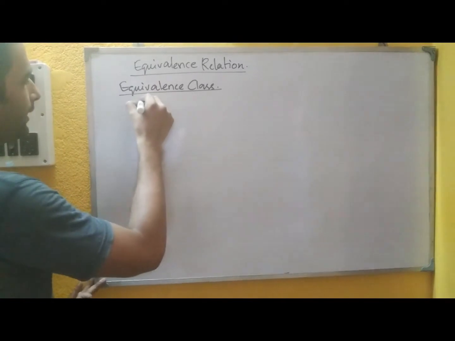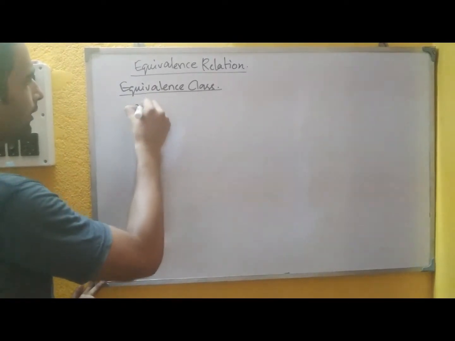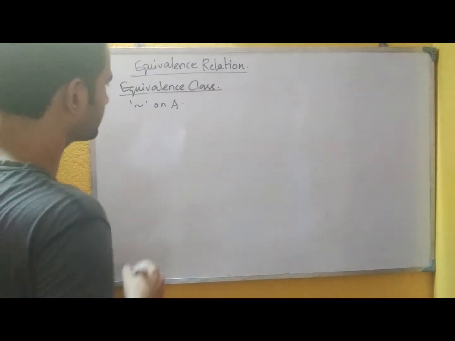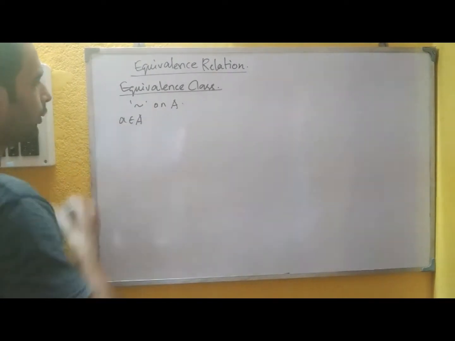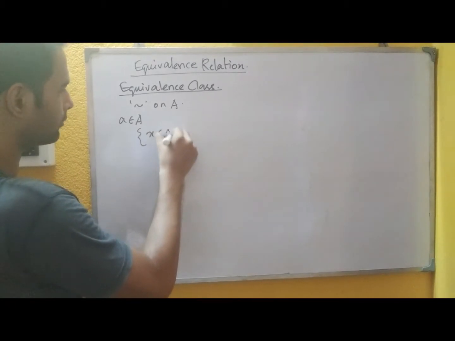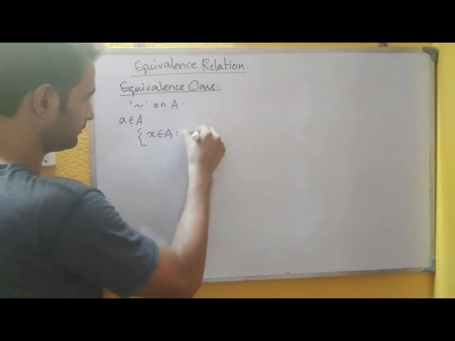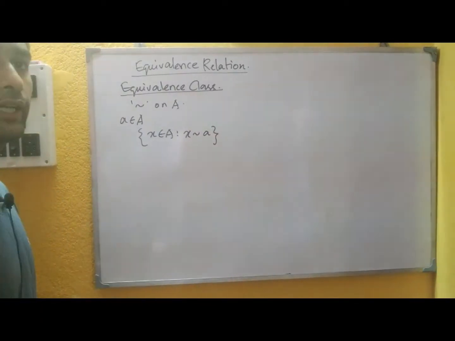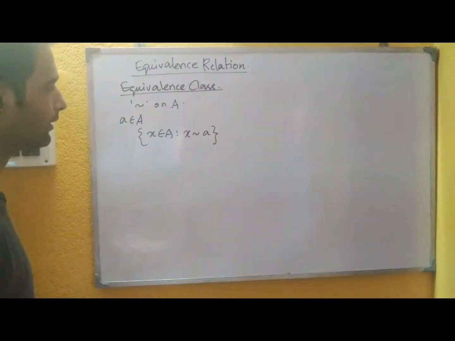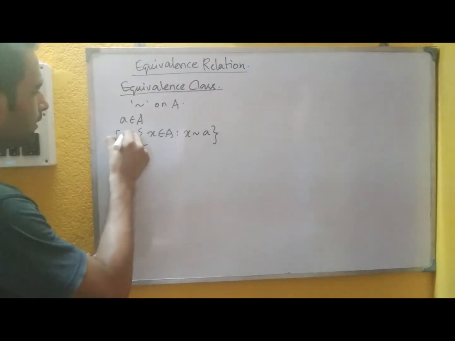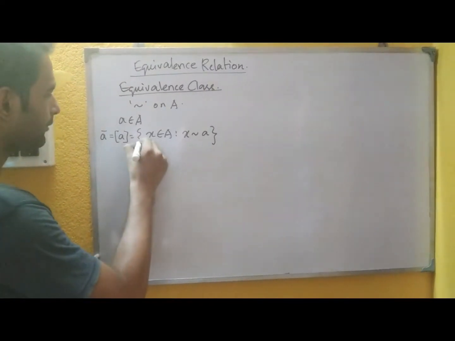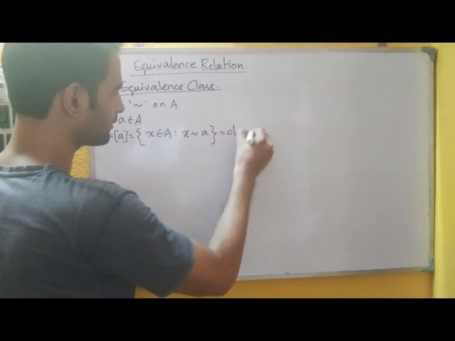So suppose we are defining an equivalence relation tilde on the set capital A, and suppose we are taking some element small a from capital A, and we take the set {x belongs to A such that x is related to a}, taking the collection of all the elements of A which are related to the element small a, and we name this collection as [a], or you can say bar a, and this is named as the class of a.